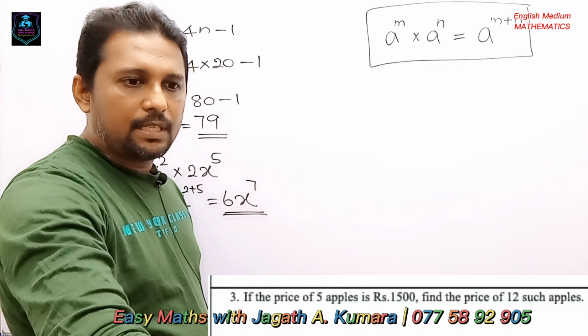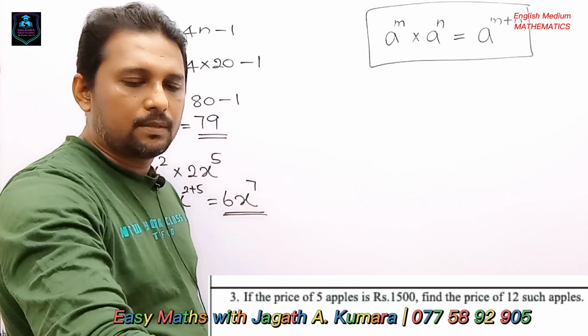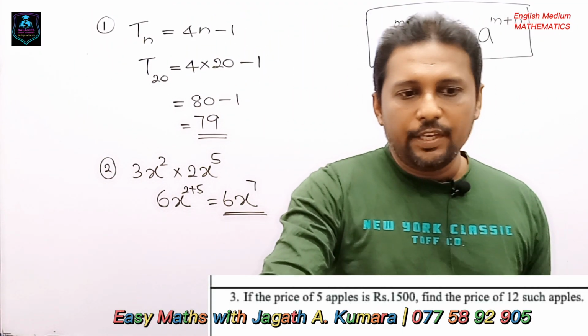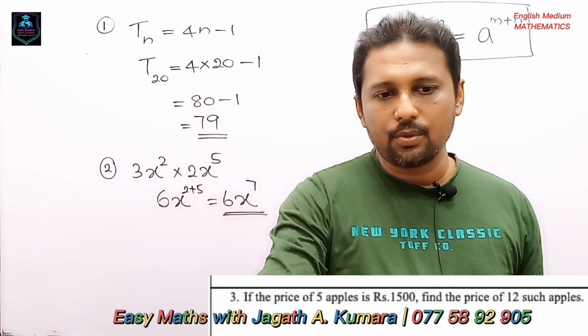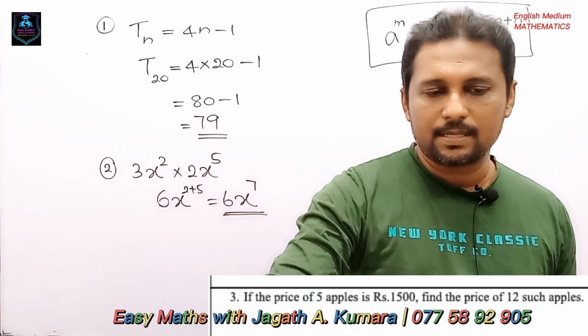The third question given is from the direct proportion lesson. If the price of 5 apples is 1500 rupees, find the price of 12 such apples. Right?